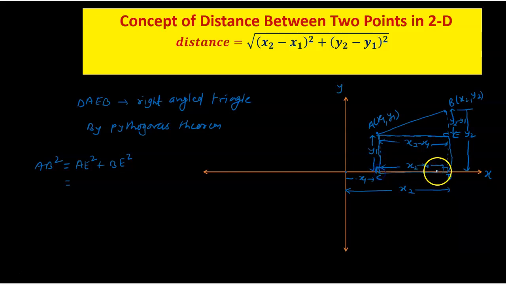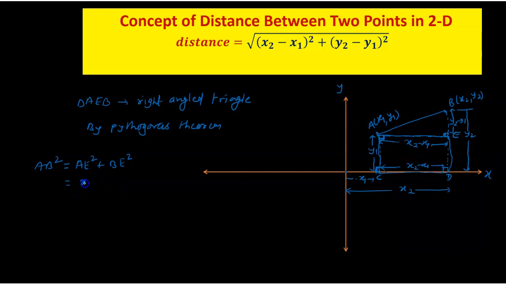This is a perpendicular, so 90 degrees, and I dropped one perpendicular from A to side BD, so this is 90 degrees. So simply the remaining angle will also be 90 degrees. All the angles are 90, so ACDE is a rectangle, and in a rectangle opposite sides are equal. So AE is equal to x2 minus x1.